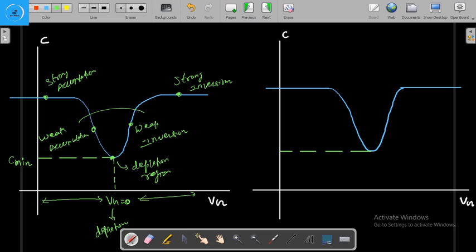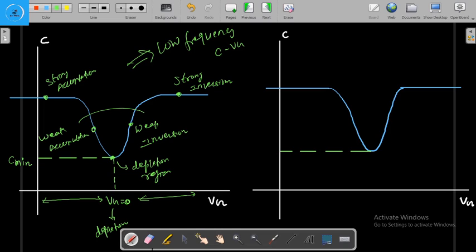Now we can say that this will be the low frequency CVG characteristics curve.